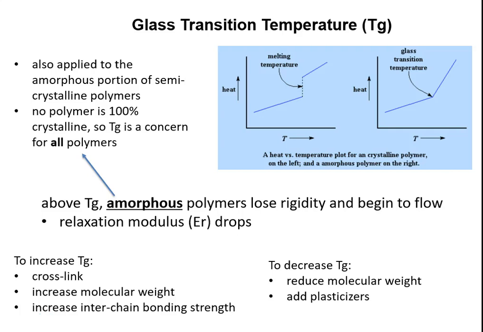To decrease Tg, go the other way. Reduce molecular weight, don't cross-link, and you can go a little further, get the chains further apart by adding plasticizers. It's very possible to add a plasticizer unintentionally, such as letting something soak up a little bit of water.